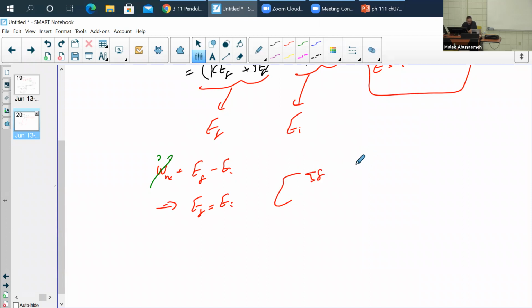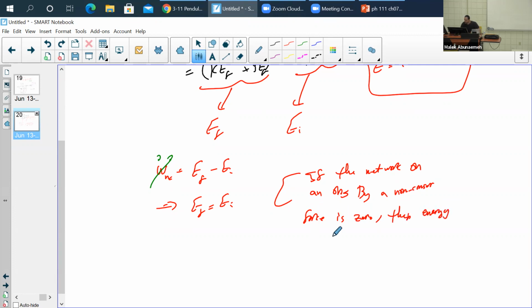So if the net work on an object by a non-conservative force is 0, then the energy does not change.